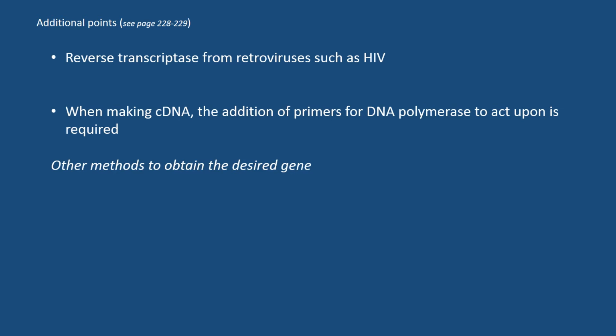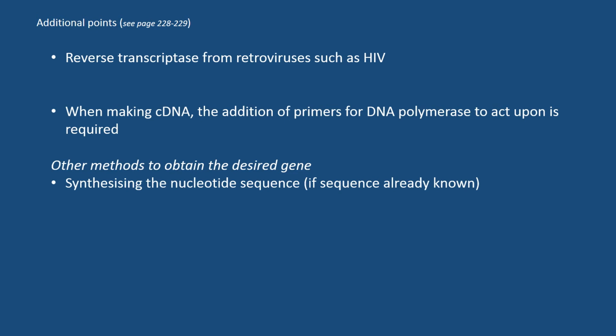And there are other methods that we can get the genes as opposed to using the messenger RNA. One of the ways is that if you know the actual sequence in the first place, just artificially synthesize the gene. There are machines that will put the correct nucleotide in the correct sequence for you.